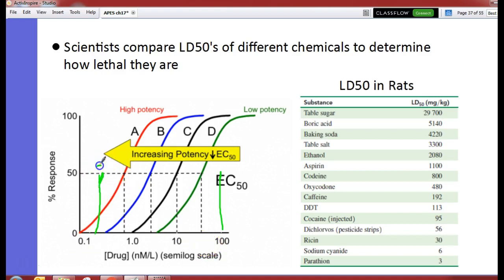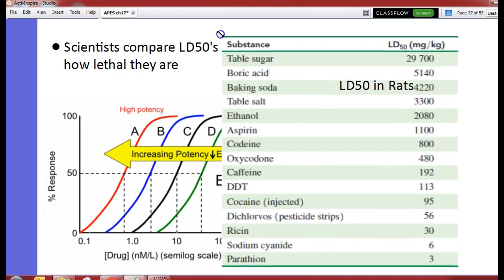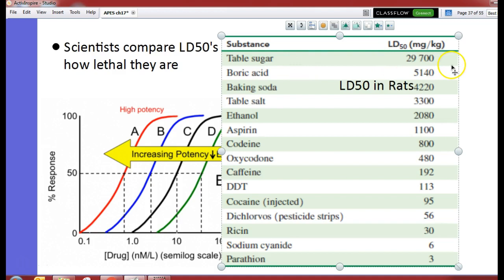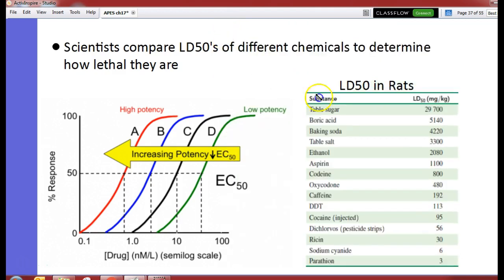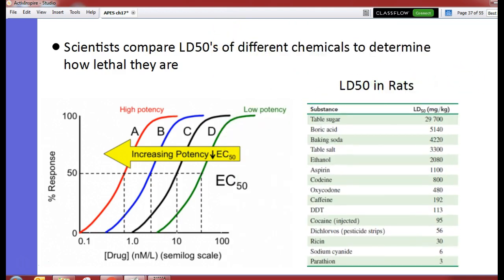Well, the one that only takes a small dose to get a lot of people to die, right? So we're going to look at the LD50 for different things, but like in rats. Notice we have table sugar here. It takes a lot of table sugar in order to make 50% of our rats die, okay? Sodium cyanide, that's a poison, doesn't take that much. Okay, yes, of course, they have cocaine and caffeine and DDT and a bunch of other stuff on there. But you can look at that.